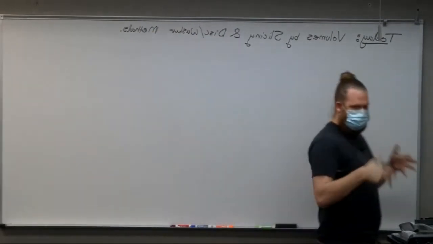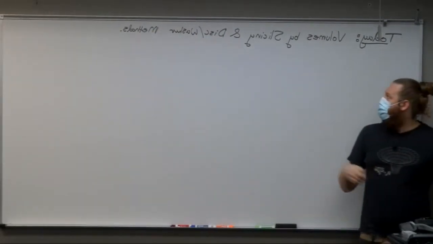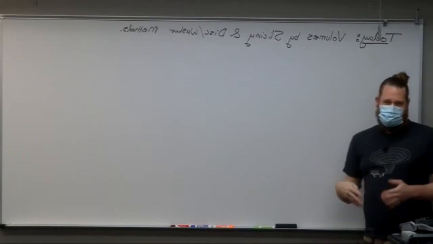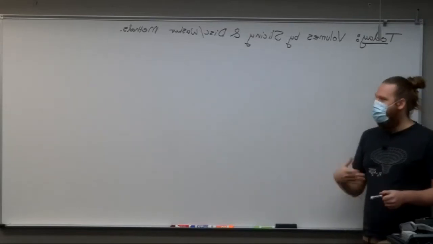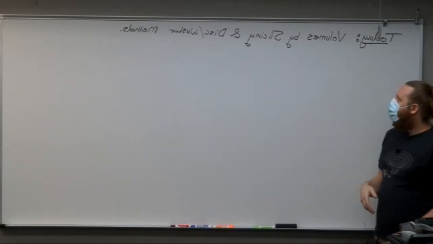Volumes of 3-dimensional size, right? Using 2 kinds of methods that are really the same sort of method, but it depends a little bit on how you're thinking about it.